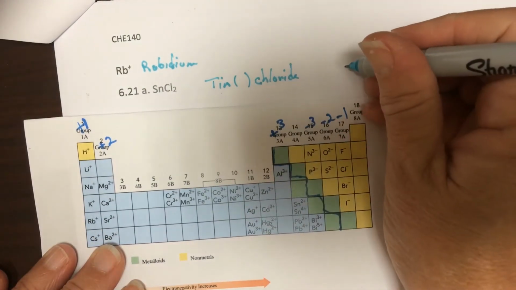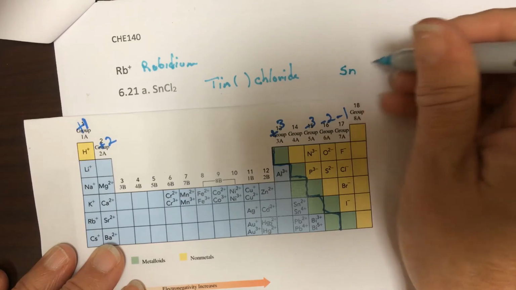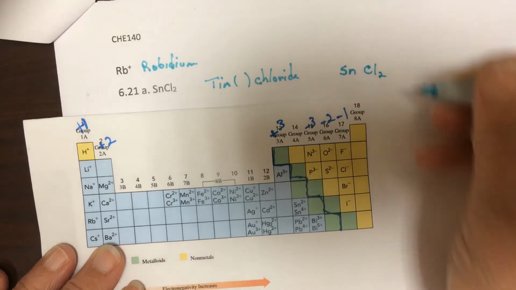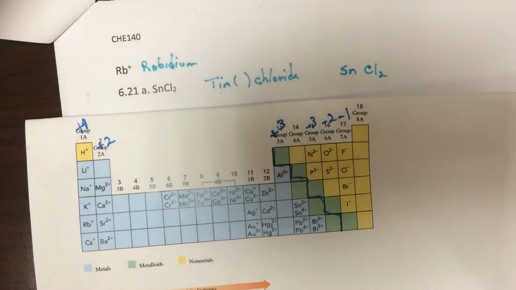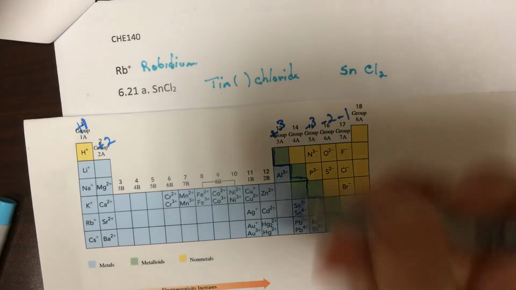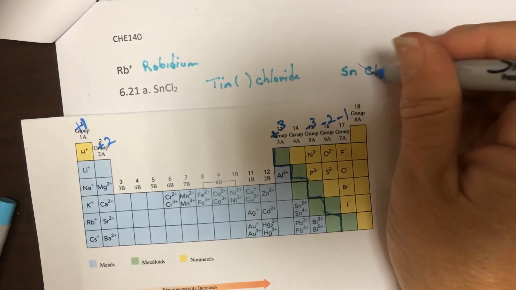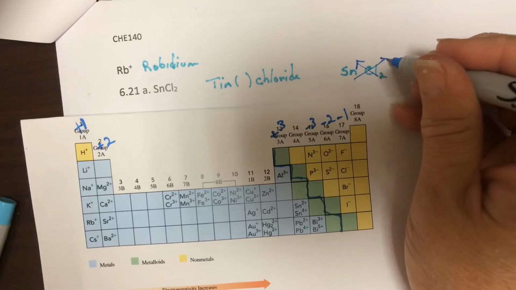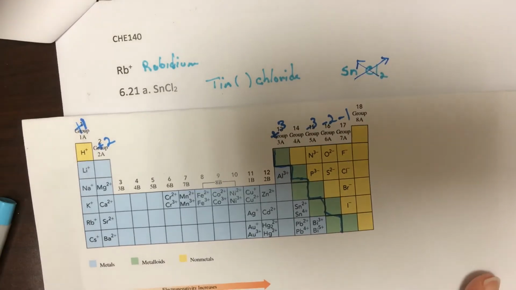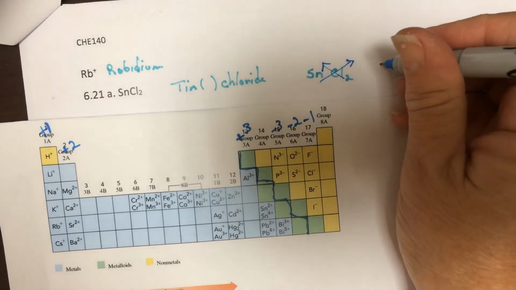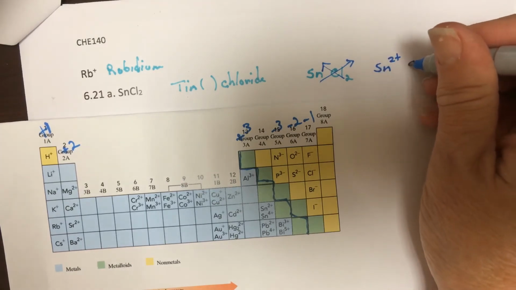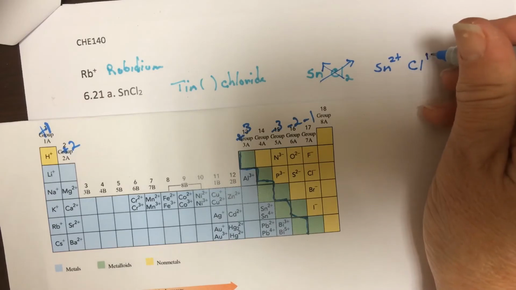So tin, we don't know, but we've got chloride and it's got a 2 with it. So we're just going to do a reverse crisscross. This 2 belongs up there. This 1 belongs here. So the charge on this compound is tin +2, chlorine -1.